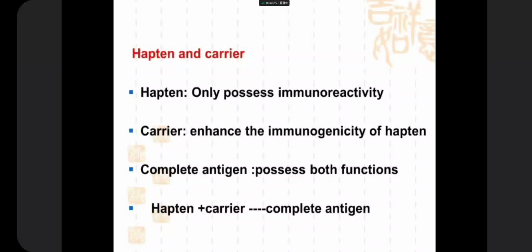Most of the haptens encountered in nature are small molecules, for example penicillin. They are haptens. It becomes immunogenic on combining with a large molecule carrier. The carrier can enhance the immunogenicity of hapten.